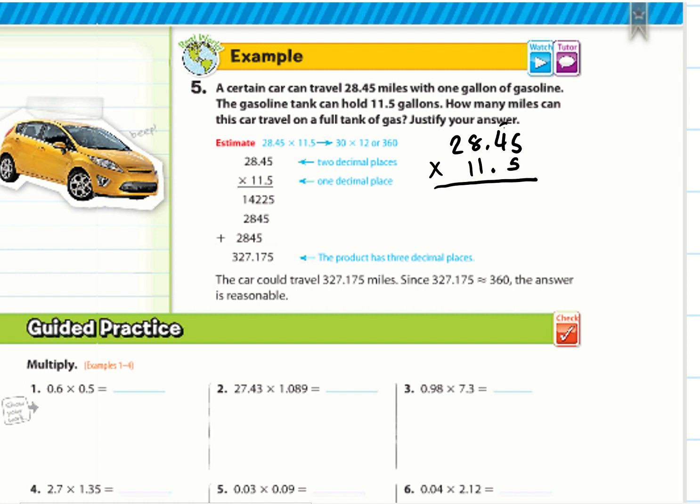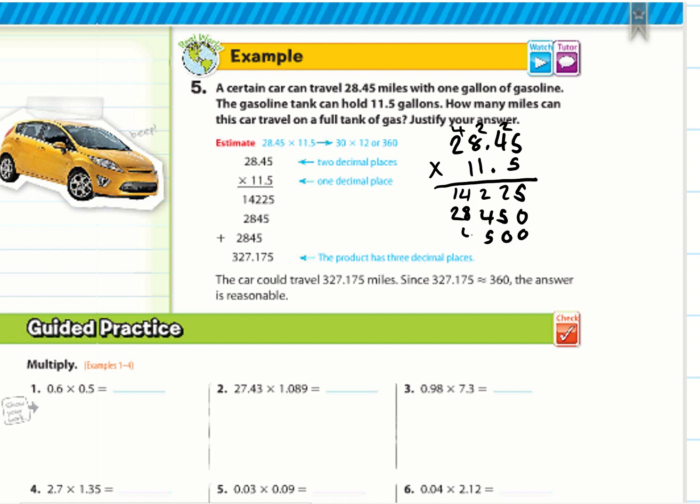So 5 times 5 is 25. 5 times 4 is 20. 5 times 8 is 40. Plus 2 is 42. 5 times 2 is 10, and then 14. And then since we're just multiplying 1, I can just do 5, 4, 8, 2, and then we have another one.